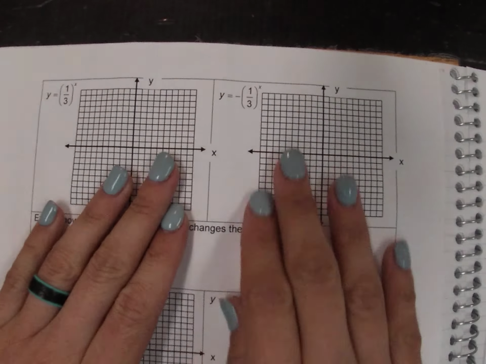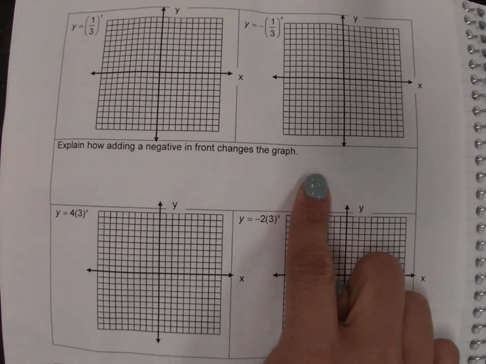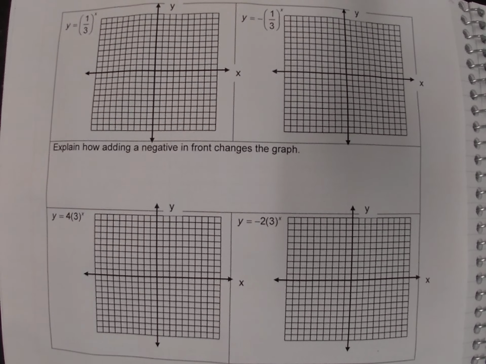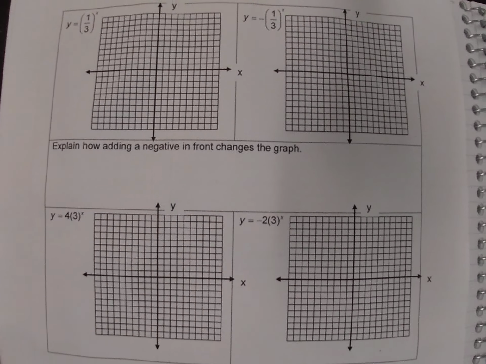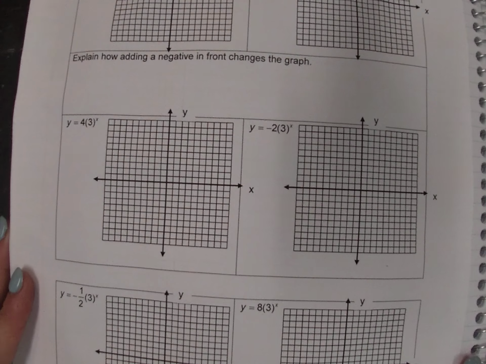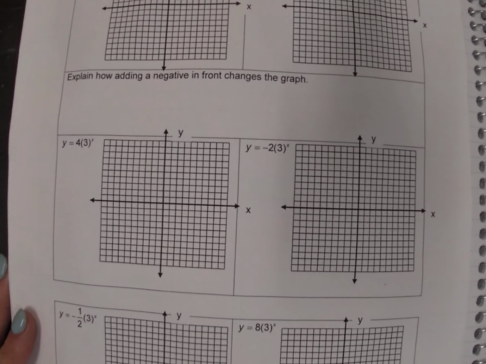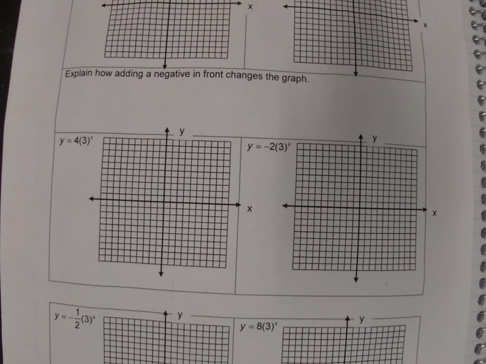So you will continue on with doing the same thing with this graph here, and then making a decision about how adding a negative in front changes the graph. Then we're going to look at something like y equals 4, 3 to the x.